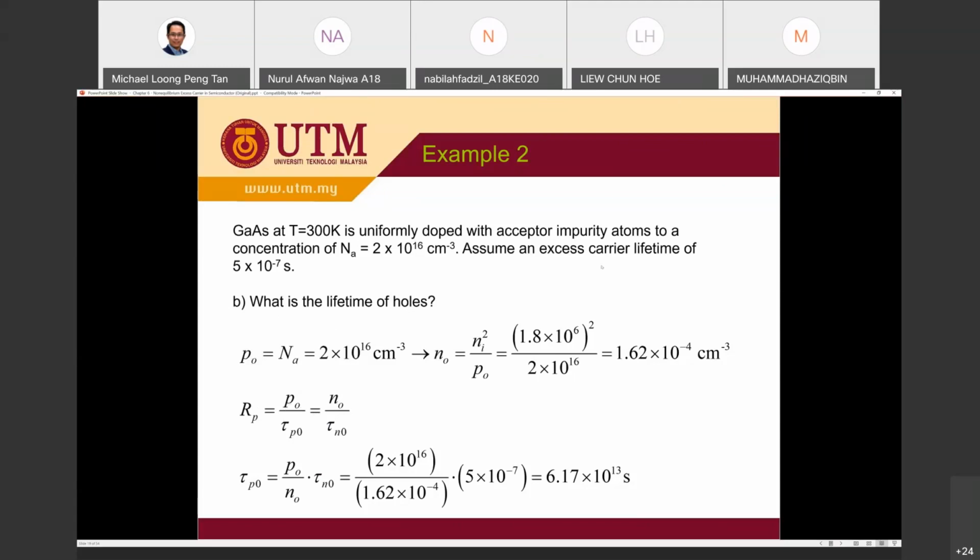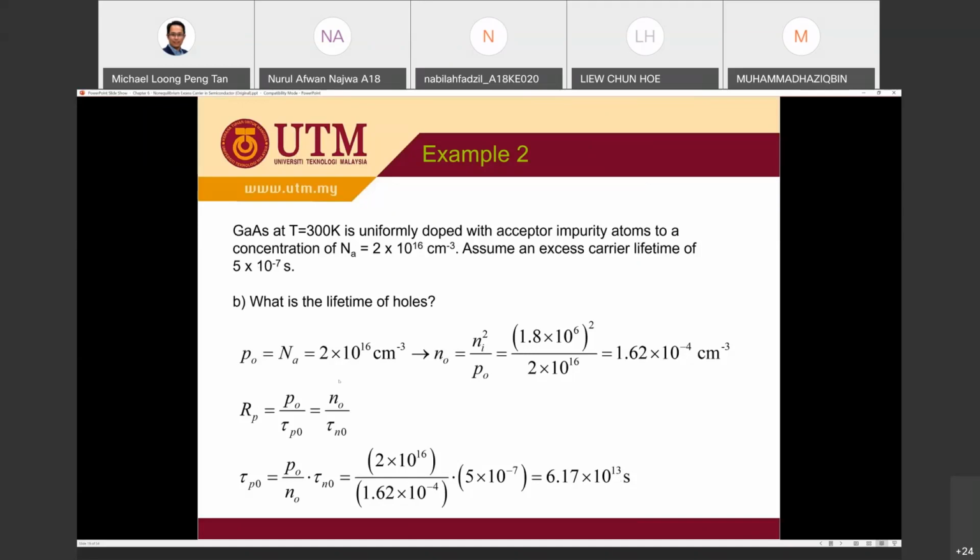Then the question gives you the excess carrier lifetime. Excess carrier lifetime, what do you mean here? Tau N here, excess carrier lifetime. Then you have these three pieces of information because they want to calculate for hole. We assume this is electron. Then you multiply them and you get this answer.